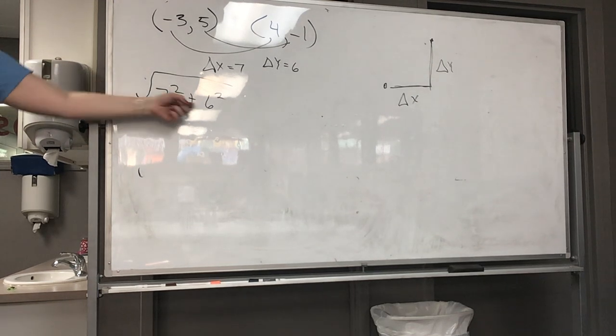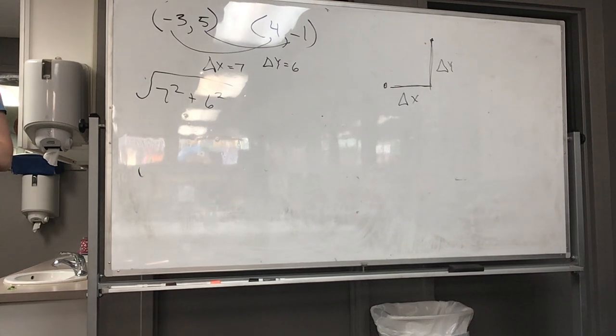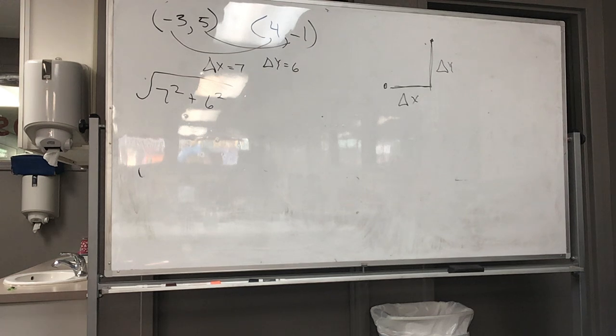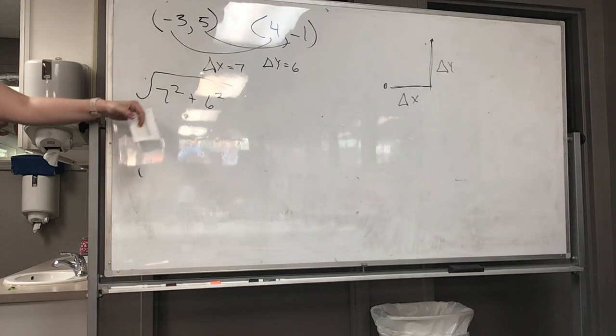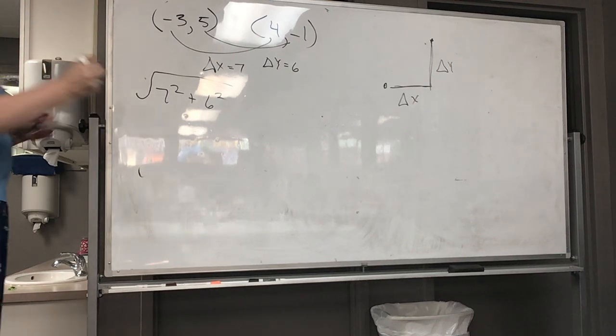Is there any greatest common factor between 7 and 6? No, so nothing's going to factor out. The whole thing is just under the square root. What do you get? 85. And then our final answer is square root of 85.